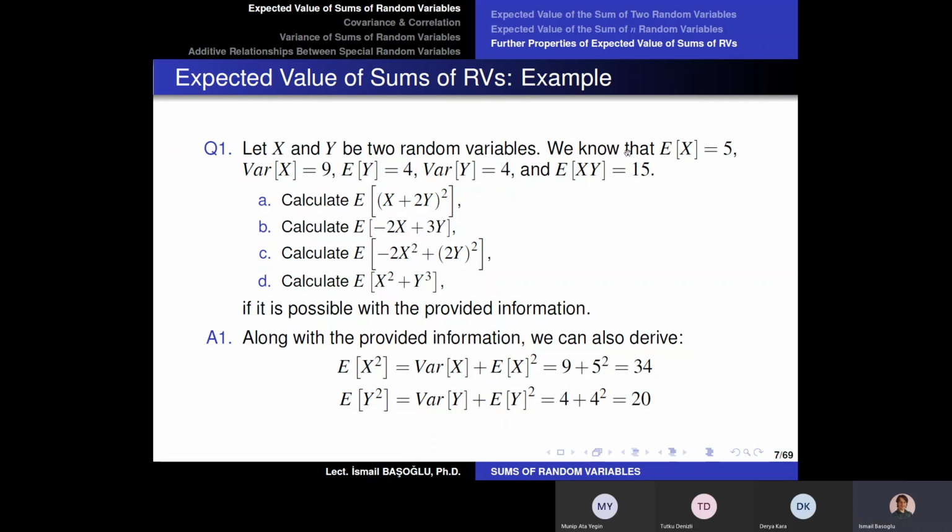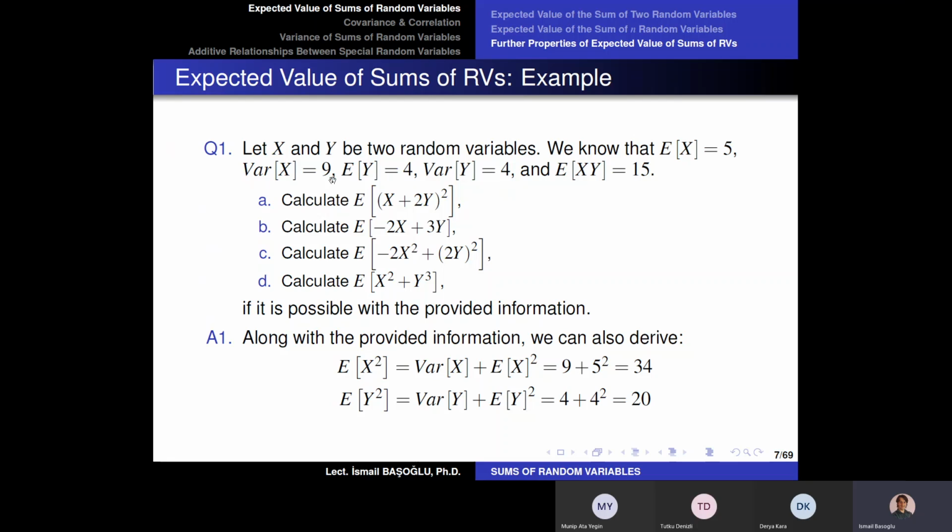Therefore, in this question, I know both the expected value of x and the variance of x. So I can calculate the expected value of x squared by summing the variance and the square of the expectation, which is called the second moment of the random variable x.